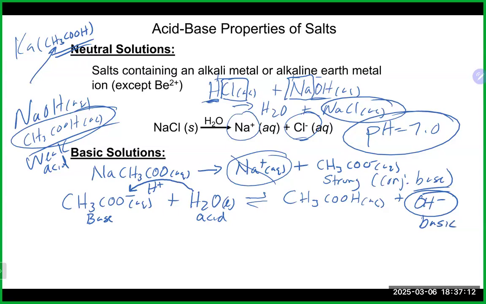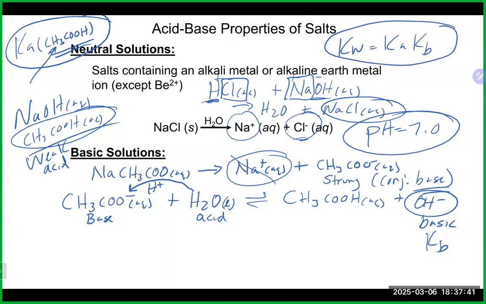The double jeopardy question is, when I go to do this ice table calculation, since it is an equilibrium, what type of K should I be using here? You should be using the Kb, but you were probably given the Ka value. That also is not a problem for us, because we saw, six slides back, maybe seven, that Kw equals Ka times Kb when we tie it all together.